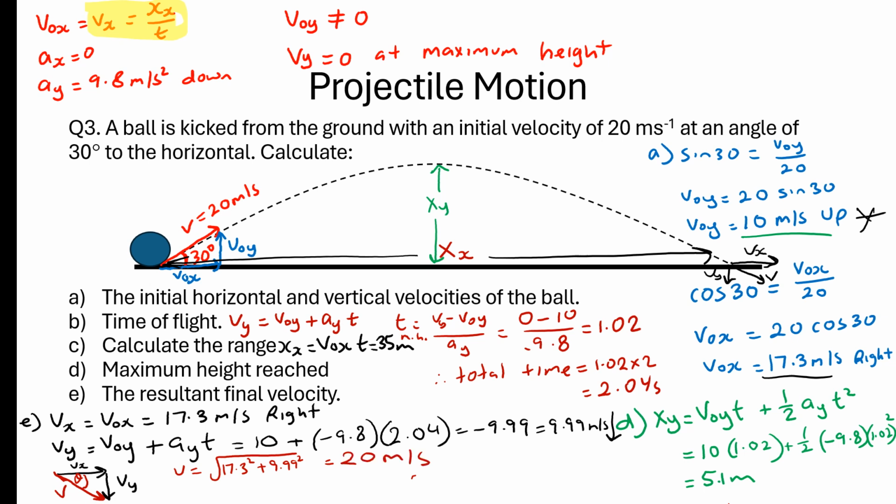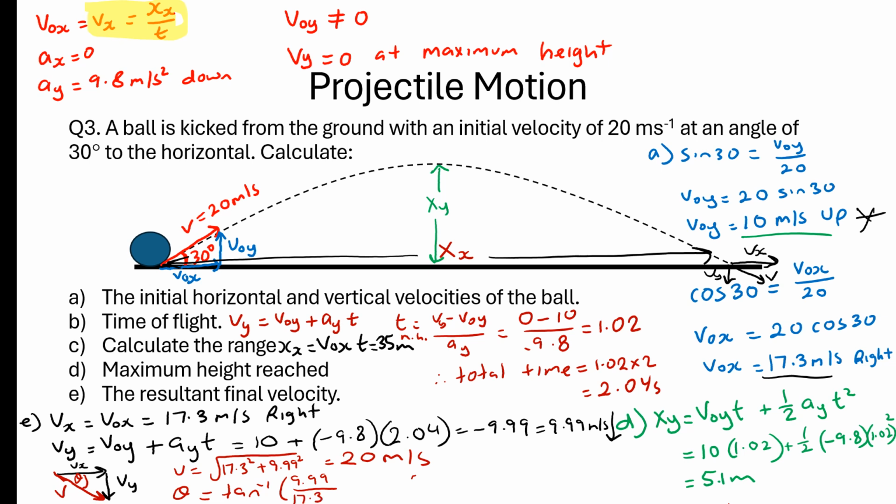And then let's find the value of theta. I will use the tan ratio to find theta. So theta equals tan inverse opposite over adjacent. Opposite is Vy, which is 9.99, and adjacent is Vx, which is 17.3.